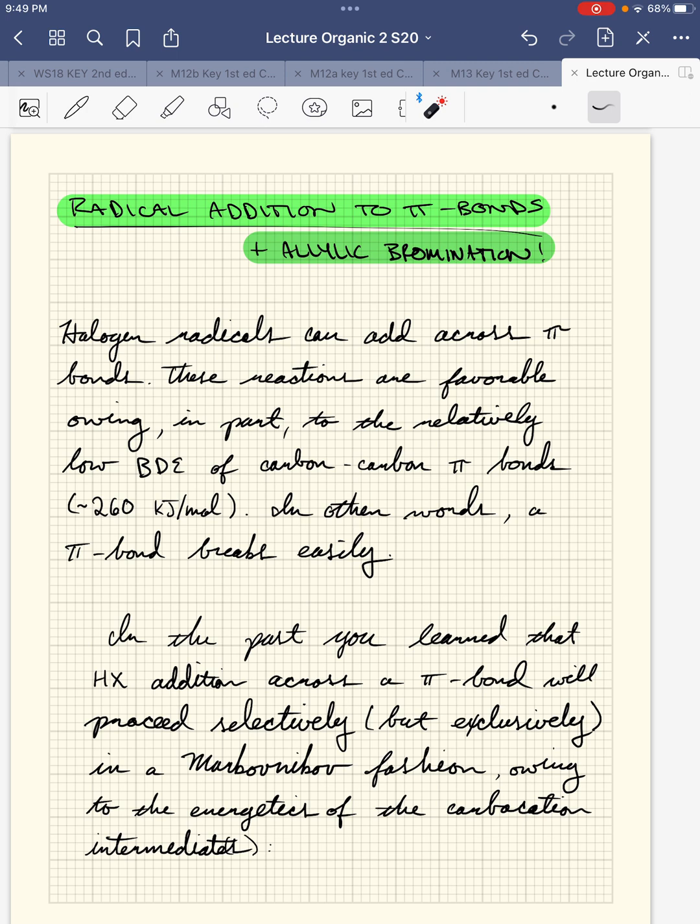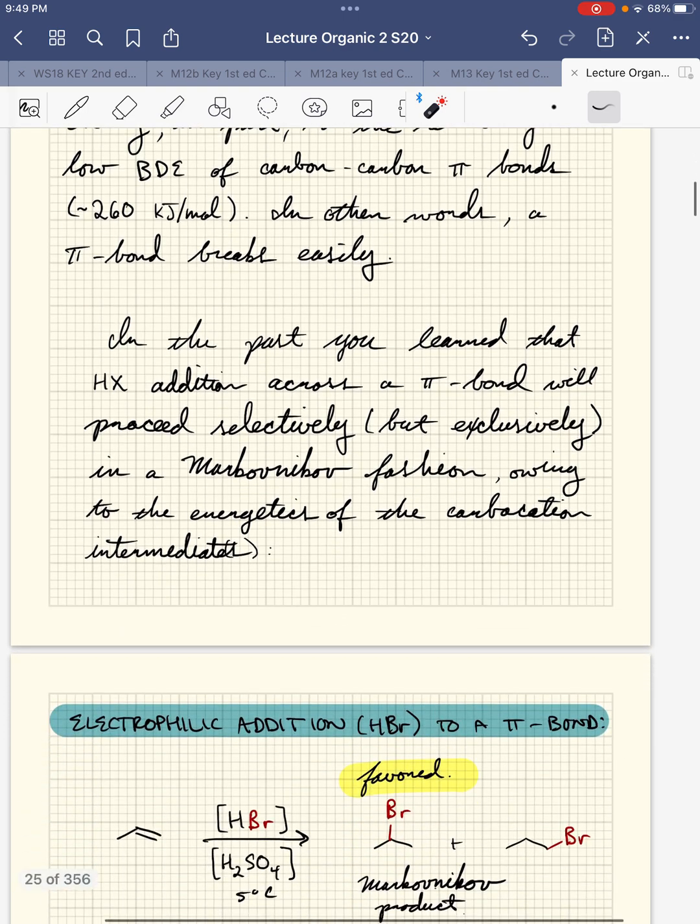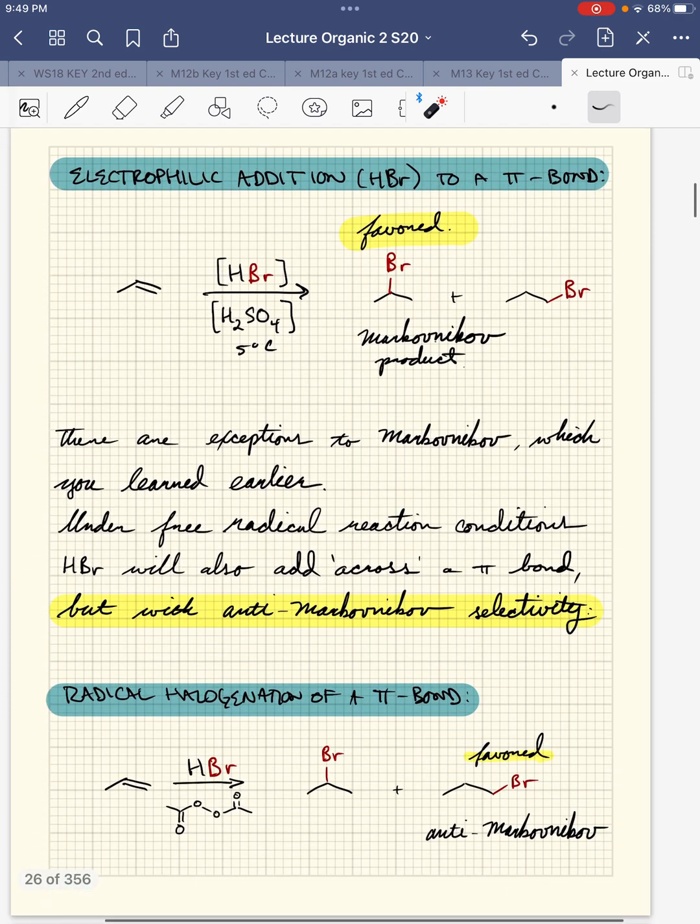And you've actually been looking at these kinds of reactions earlier when you were looking at radical reactions with simple alkanes. So here now, when we look at radical additions to alkenes, we're breaking bonds that are even lower in energy than carbon-hydrogen bonds.